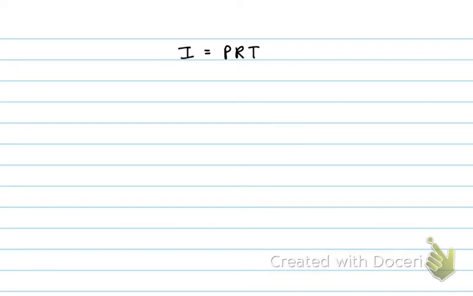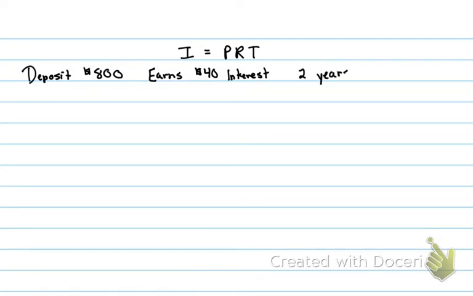Okay, you deposit $800. So you make another deposit, $800 into an account. That account earns $40 in interest in 2 years. What is the rate?